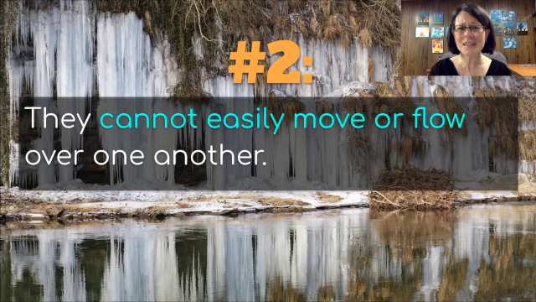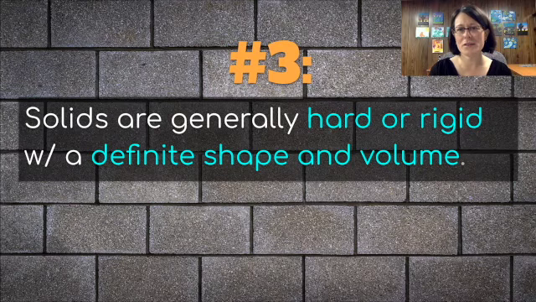So solids cannot easily move or flow, just like these icicles on this hillside. The third thing we need to know is that solids are generally hard or rigid with a definite shape and volume. That was in the definition, but also the hard and rigid part. You see this hard, rigid brick wall with a definite shape and a definite volume for each of those blocks in the background.